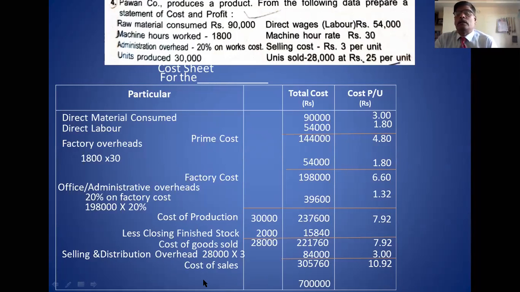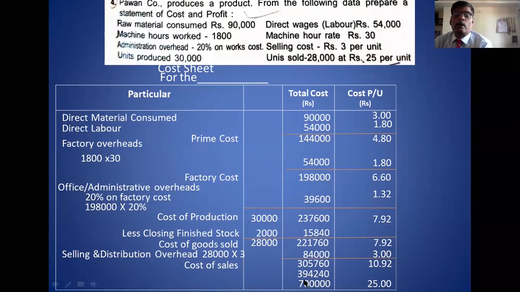I'll take this sale. Sale is 28,000 unit at the rate of 25 per unit. 28,000 into 25 is the total sale, that is 7 lakh. Per unit is 25. This is the sale. Then difference between these two is called as profit, because sale is more than cost.